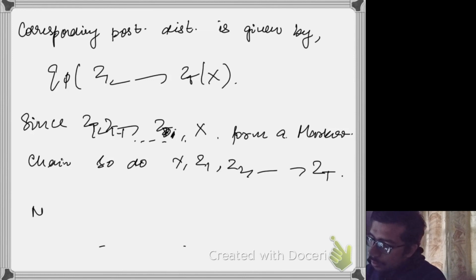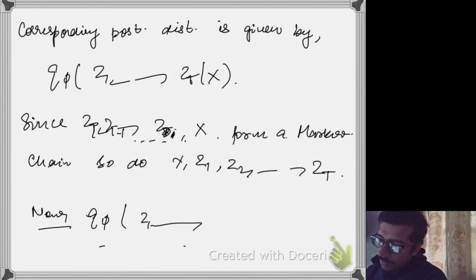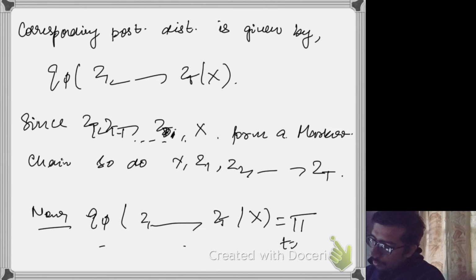Since even in the reverse direction they form a Markov chain, if I have to write down the posterior distribution q_phi(z_1 up to z_T given x), it can be expressed as the product over t from 1 to capital T of q_phi(z_t given z_{t-1}).